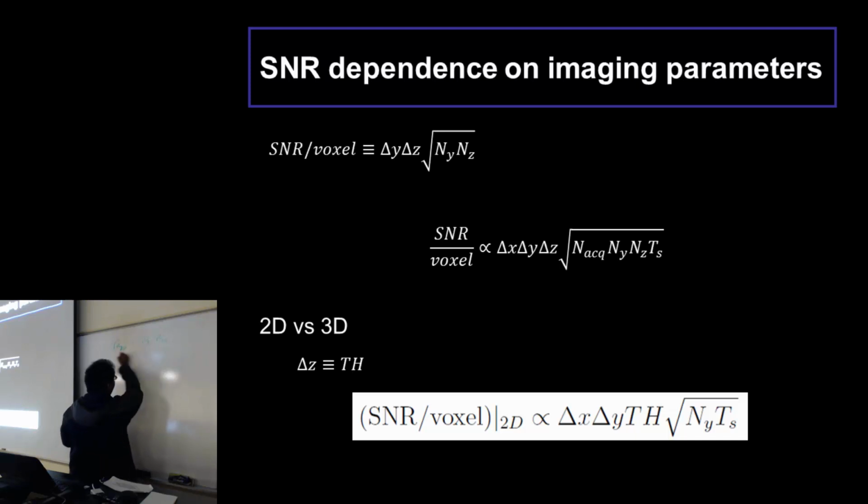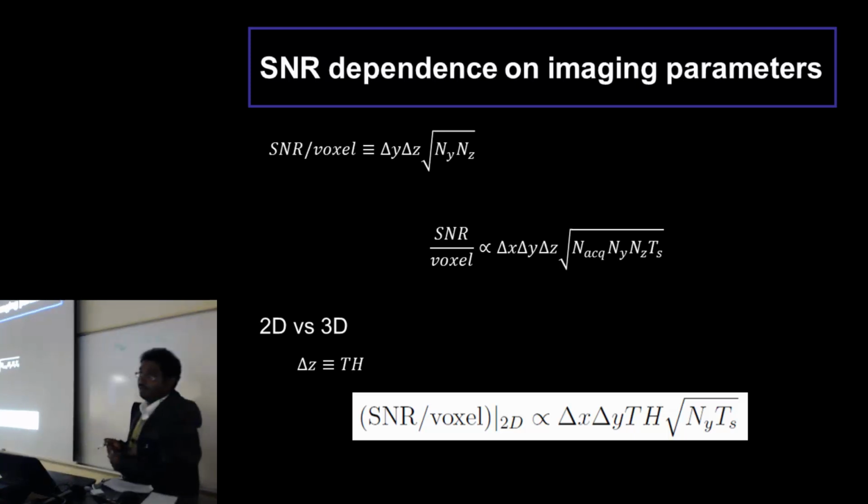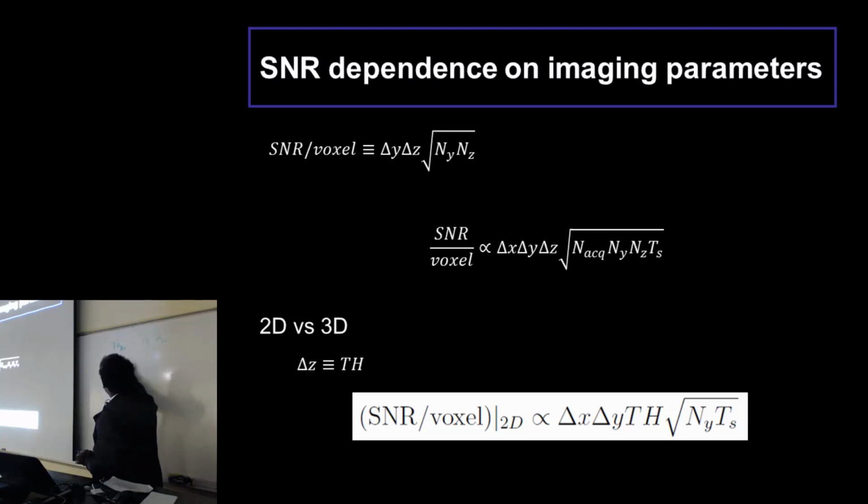Under this condition, is the signal to noise ratio of the 2D going to be any different? Right? No, because nothing else changed. Delta X, delta Y and slice thickness haven't changed. NY times TS sampling duration has remained the same. It's just the TR that I'm talking about.